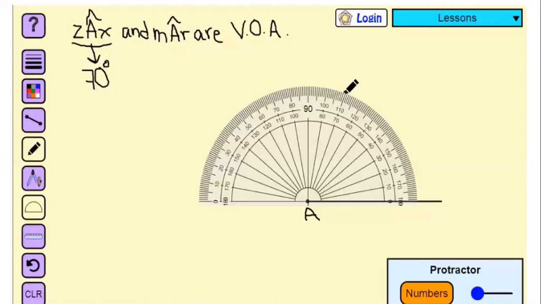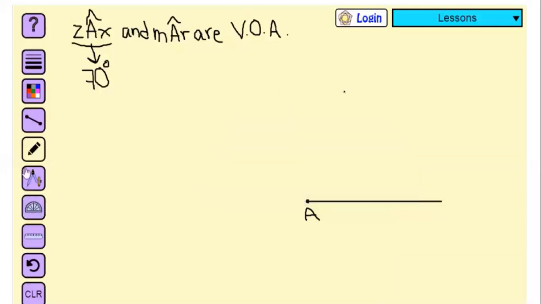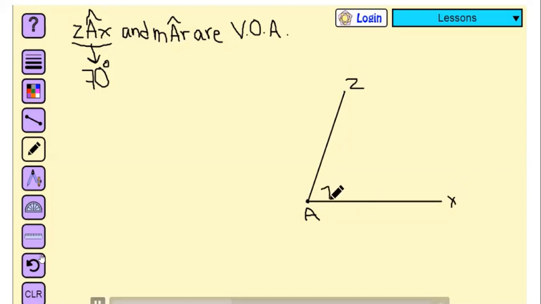I put a point outside, then I join. Okay, this is the first angle, which is called ZAX of measure 70 degrees.